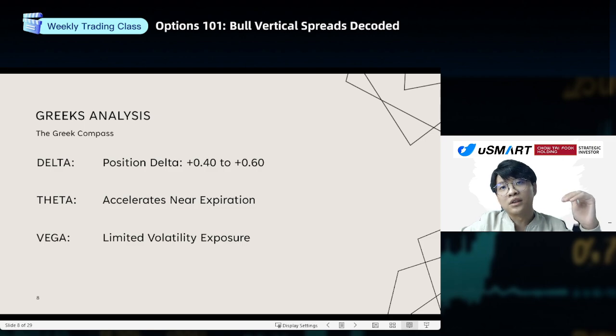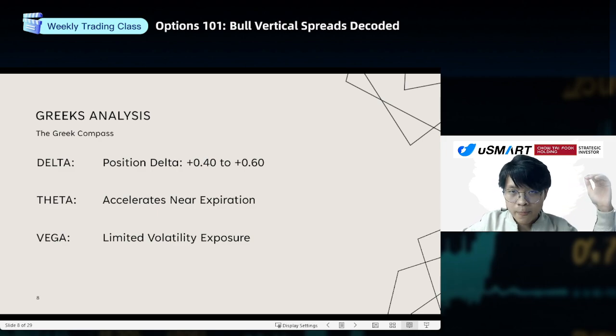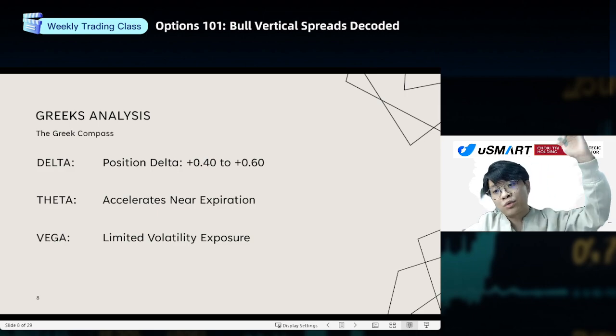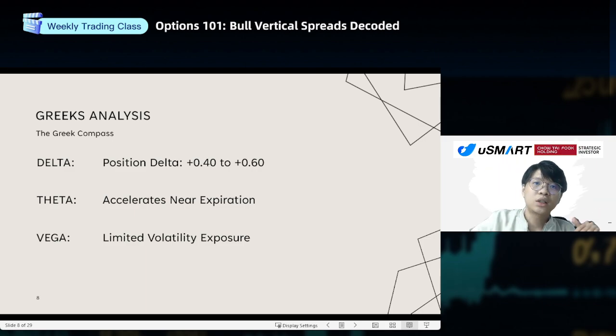The long option in the spread gains value when the implied volatility increases because of the Vega. When implied volatility increases, Vega will make the premium more expensive. The short position in the spread, the higher strike price selling position, will lose value when implied volatility increases. So these opposite Vega effects offset each other to some extent, which makes the overall strategy less sensitive to volatility changes.